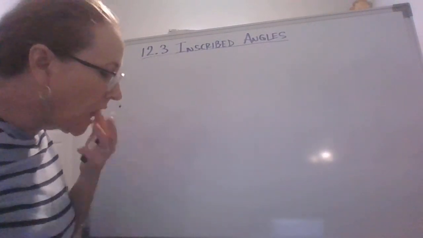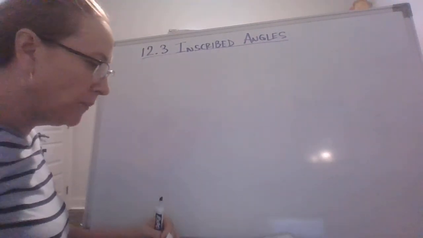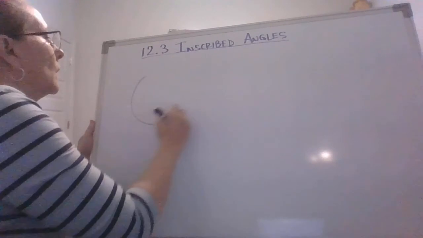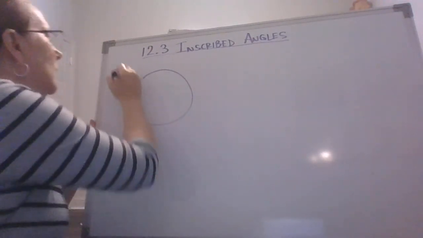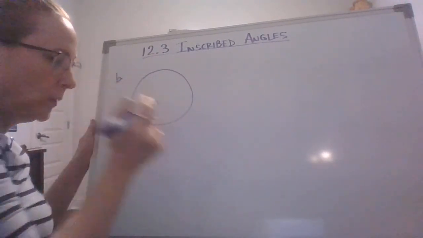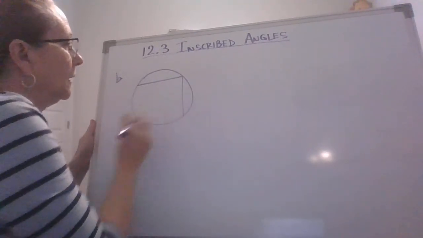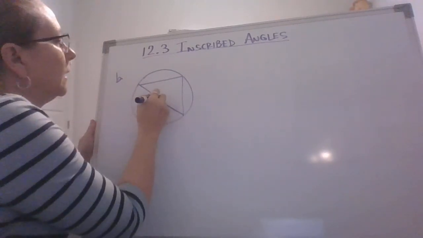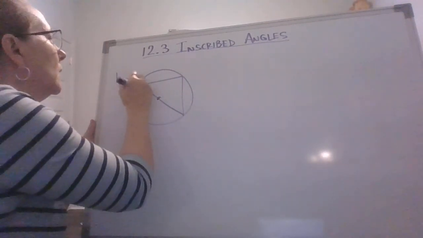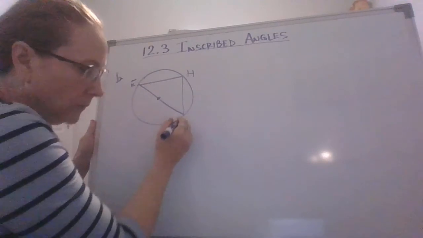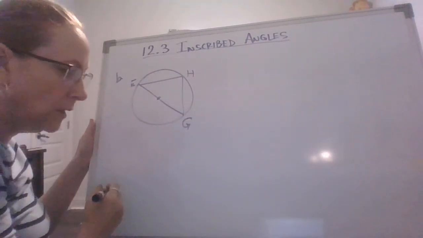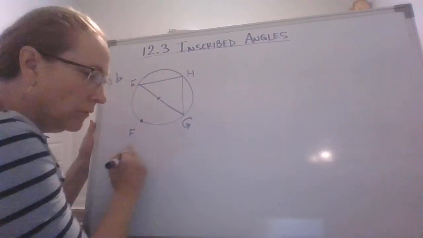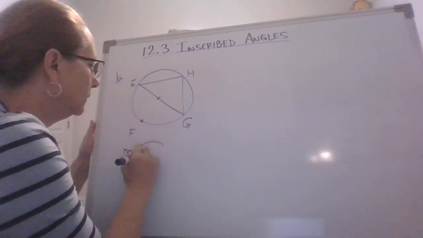Okay, so sort of going back to a couple of examples from the beginning of these notes. This is back at example 1, but B. We've got this angle, and they have E, H, G. They're asking for what is the measure of arc EFG?